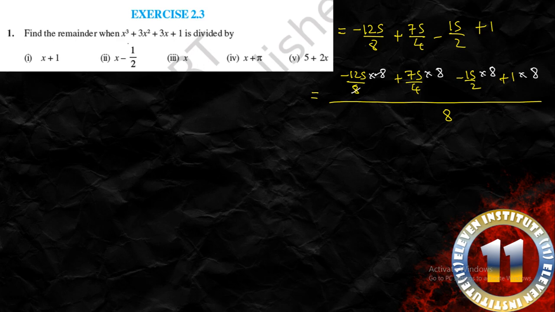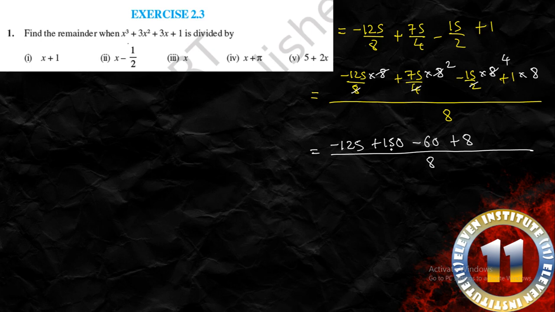So here 8 and 8 cancel, here 4 2s are 8, so into the denominator we have 8 again. Here we have minus 125, 75 2s are 150, minus 15 into 4 gives us minus 60, and 8 into 1 gives us 8.